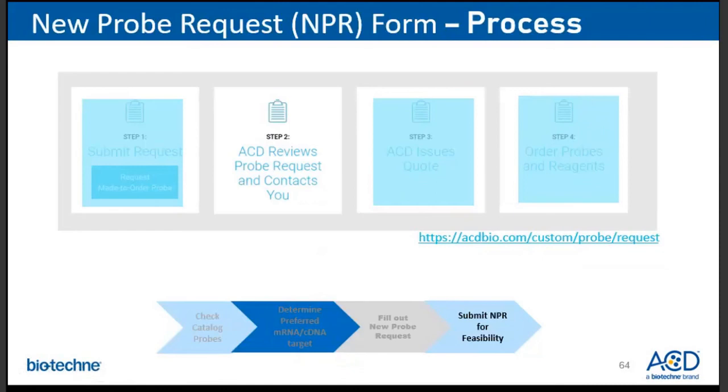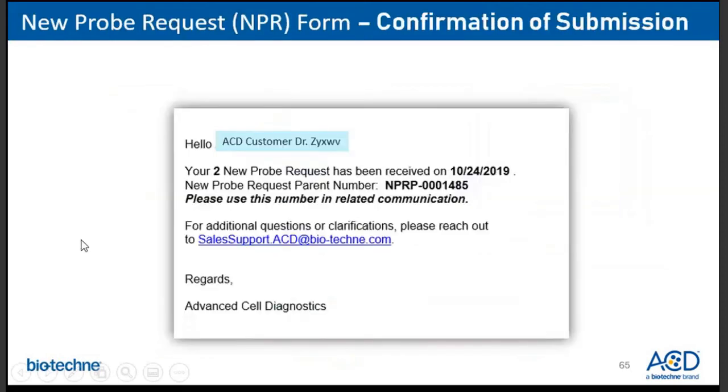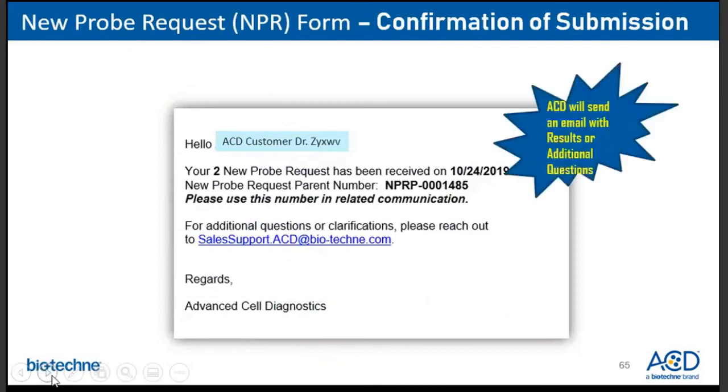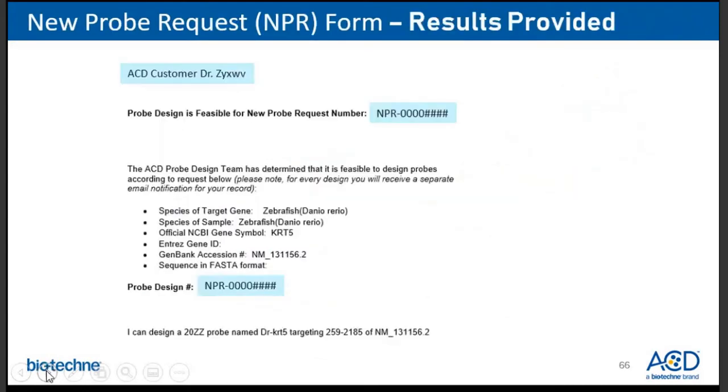The bioinformatics team will contact you with any information or questions that we have before we get started, using the information that you provided on the first slide. Once we have that information, we can get started, and you should receive a confirmation of your submission. Once you receive that confirmation, you should know that your probes are now received by our group. Then any additional comments or questions, we'll email you.